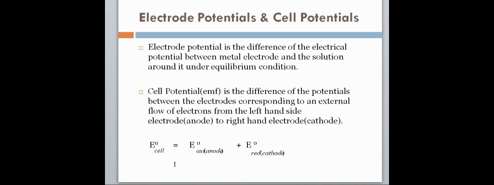If I have to calculate the overall potential for a standard cell, which comes with a particular temperature and particular parameters, all I do is add the standard electrode potential at the anode and the standard electrode potential at the cathode.